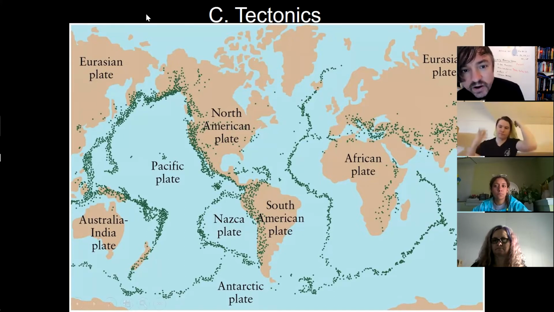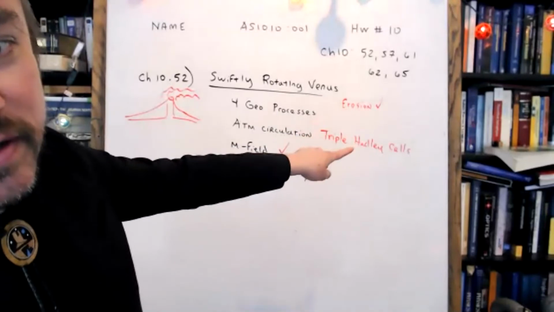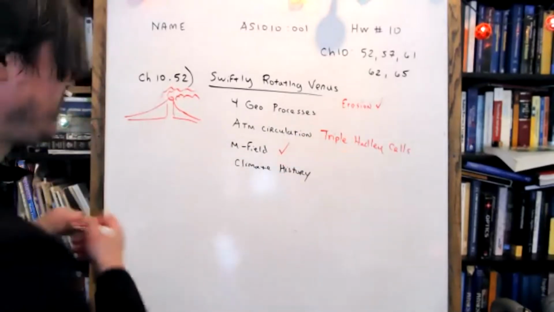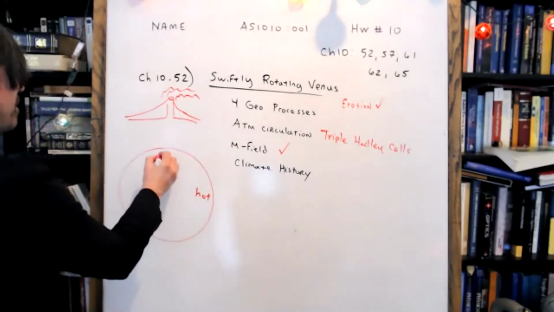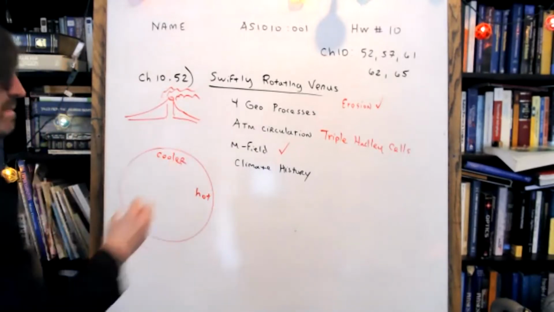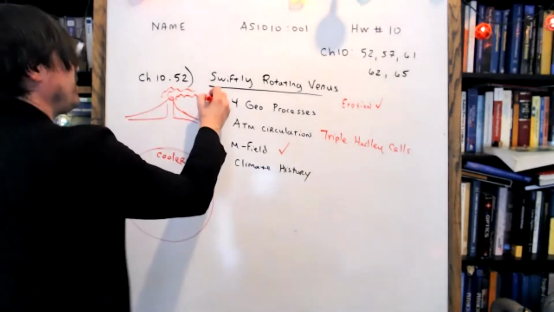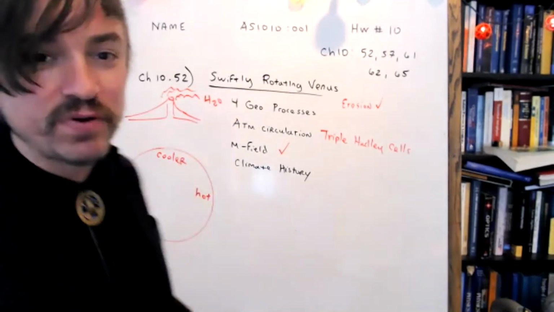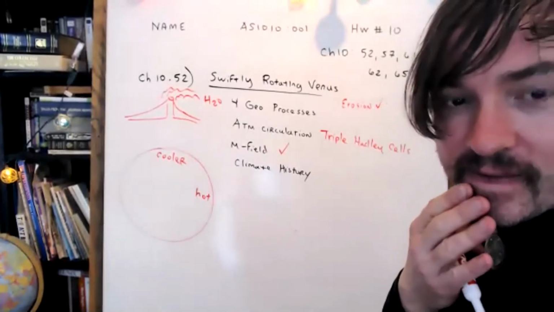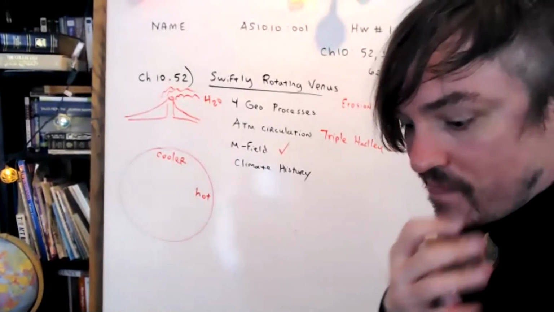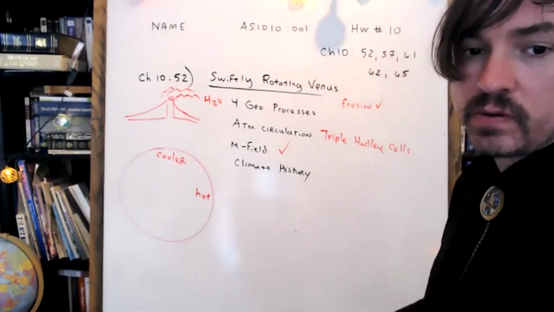Now, let's go back to our swiftly rotating Venus. You've got erosion, you've got Hadley cells, you've got a planet which is hot along the equator, maybe slightly cooler at the poles, and you're still pumping out volcanoes which produce water. What do we think? What would be a possibility there? It's becoming similar to Earth.